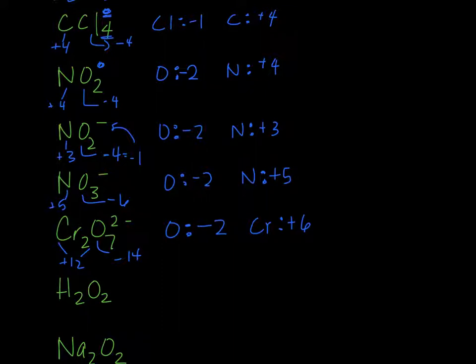The metal or hydrogen will always be the charge that you find on the periodic table, the charges from back in the beginning of chemistry, straight from the periodic table. So hydrogen is +1, right? Okay, so if hydrogen's +1 and there's 2 of them, that means that this has to be +2. And then oxygen is going to be -2 for both oxygens. So that means each oxygen is -1.